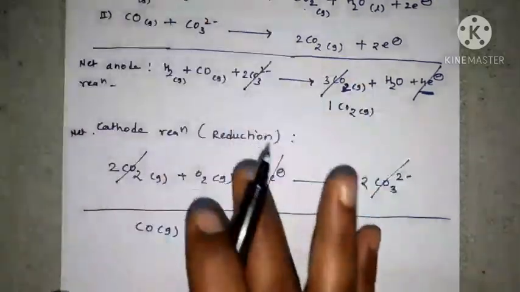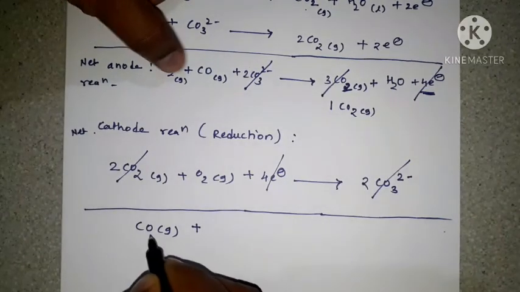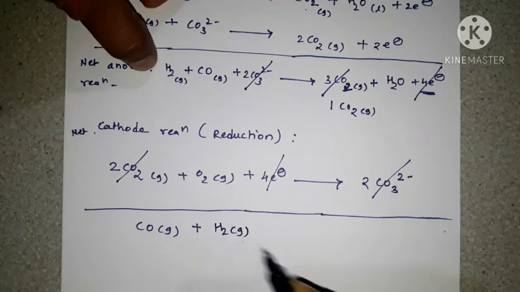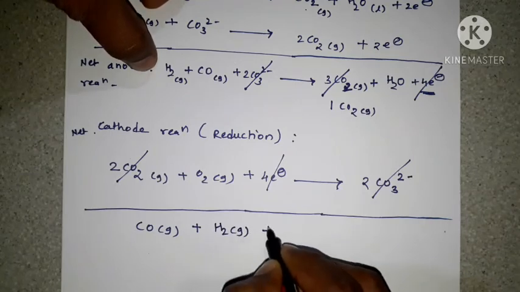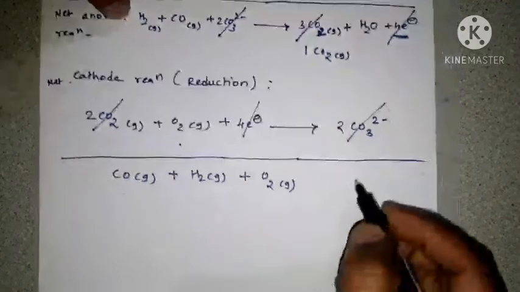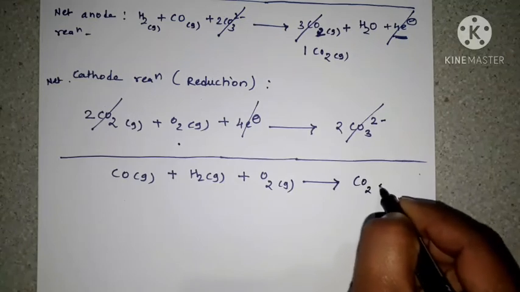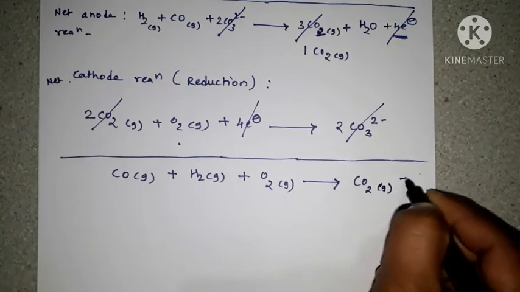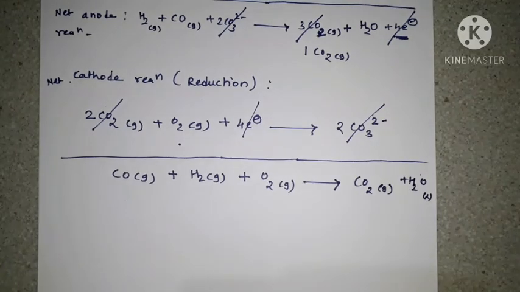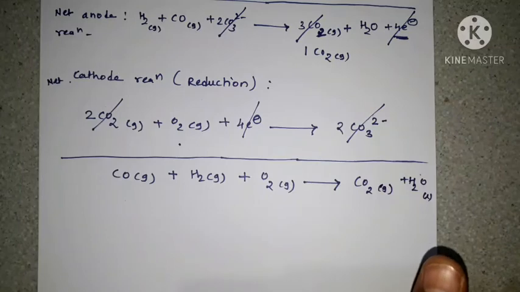And what is the overall remaining part? CO gas plus H2 gas plus this O2 gas, and on the right side CO2 gas plus H2O liquid. So this is the overall cell reaction.